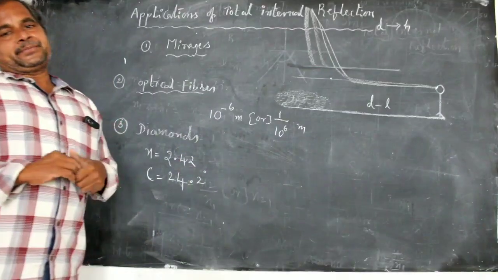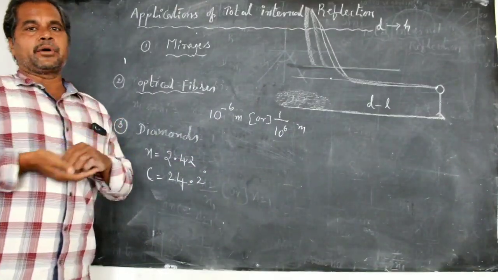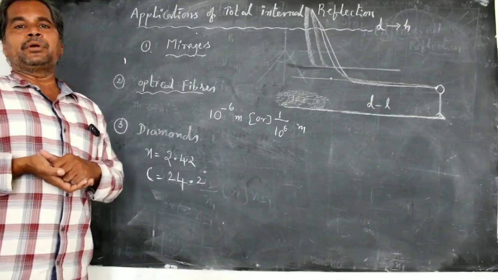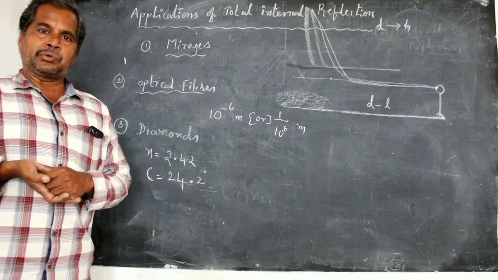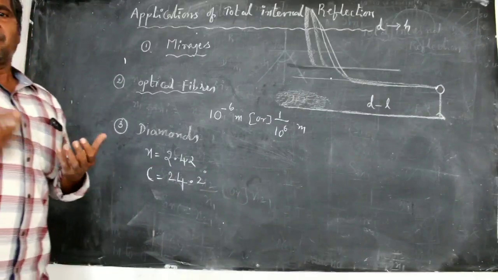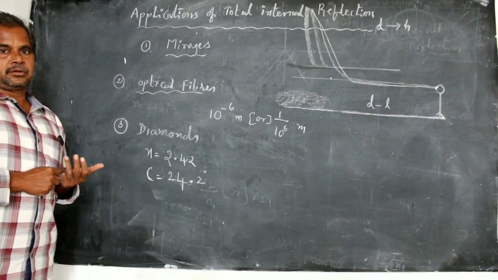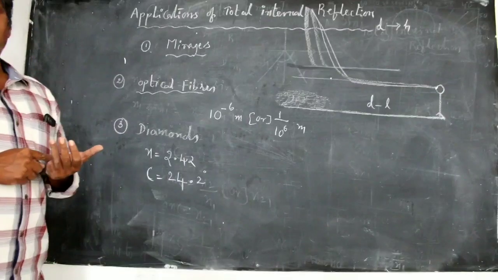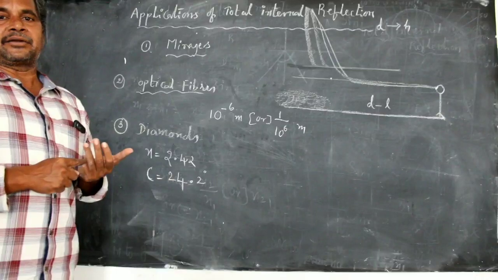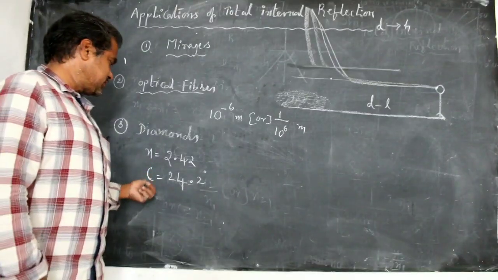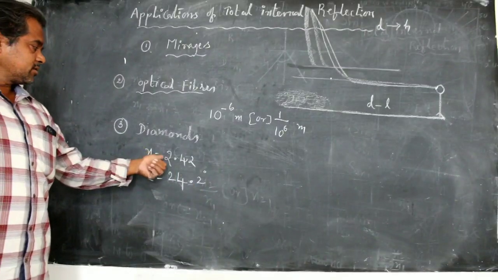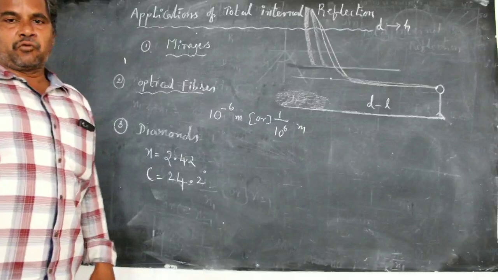When any light ray enters the diamond, that light ray undergoes multiple internal reflections, so the diamond glitters more or shines more. That's why the diamond shines more. The diamond shines more, or glitters more, due to total internal reflection, because the diamond has a small critical angle value of 24.2 degrees, and the refractive index of the diamond is 2.42.